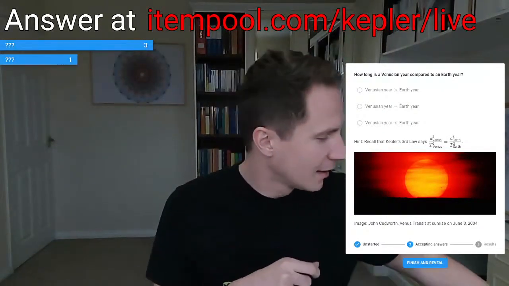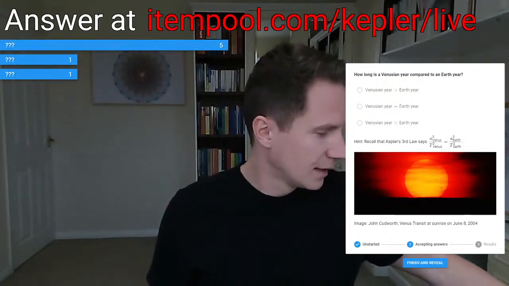I have even given you a hint in the form of Kepler's third law and in the form of this image right here. On this image you can see the Sun, and in front of the Sun, I don't know if you can see that small black sort of speck, that's Venus.